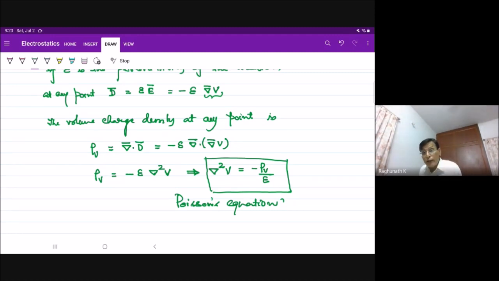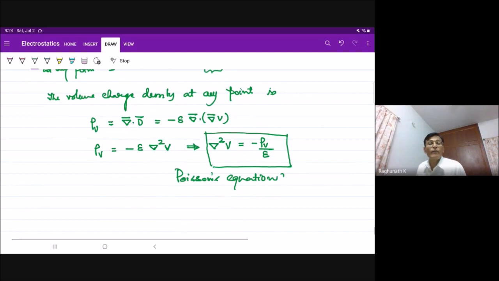So if you know the volume charge density at any point in the region whose permittivity is known to you, that immediately tells you the value of del squared V. In Cartesian coordinate systems, del squared is what?